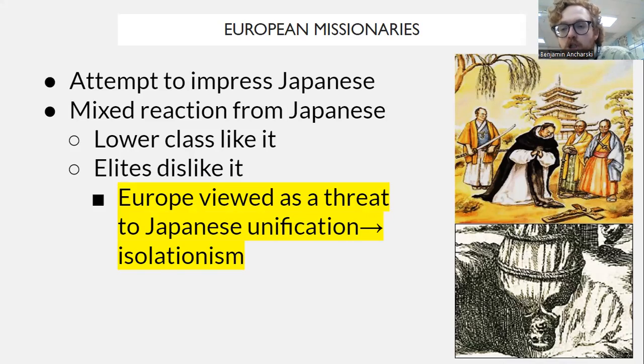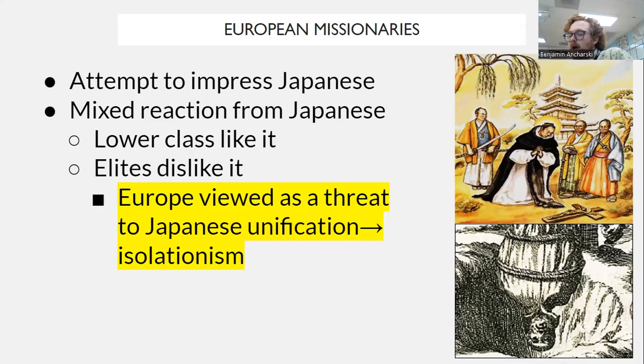They could threaten Japanese unification. And because of this fear of European merchant presence and European Christianity becoming a subversive force in Japan, there will be an appeal towards isolationism, towards restricting foreigner presence within Japan. We'll look at China later.